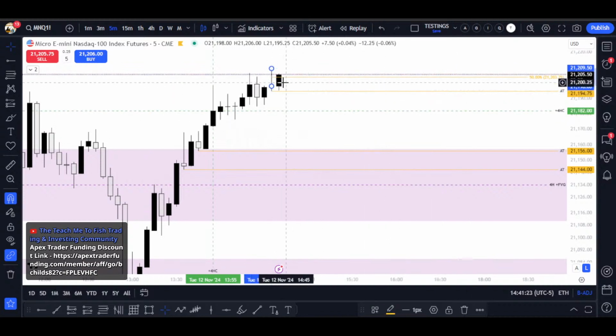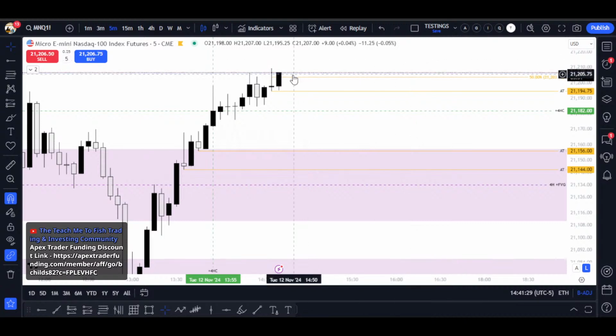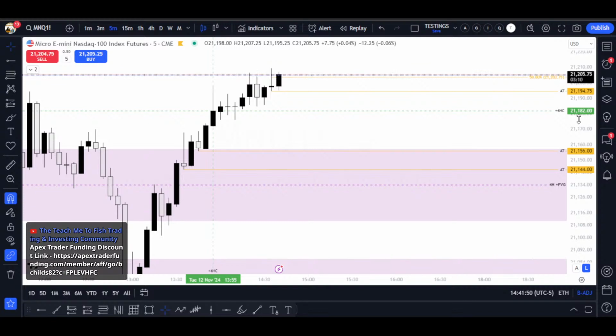Since we're here on the 5 minute, you don't want to see a 5 minute candle close above that level if you're expecting price to go lower. So I'll just leave that on there and see what price does relative to the consequent encroachment of that wick.